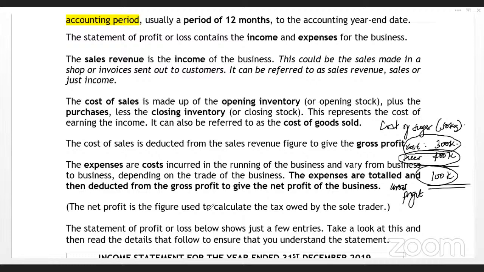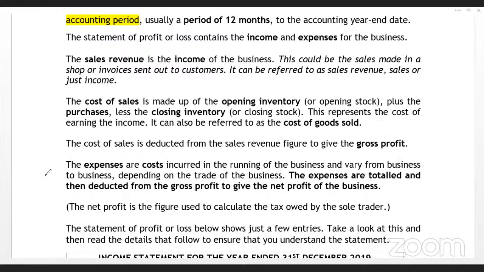So gross profit is simply getting the sales minus the cost of the goods you have sold. That will give you the gross profit.